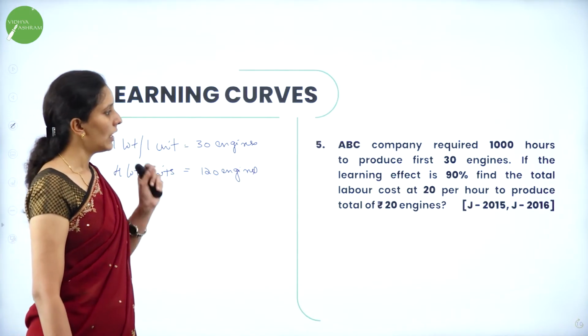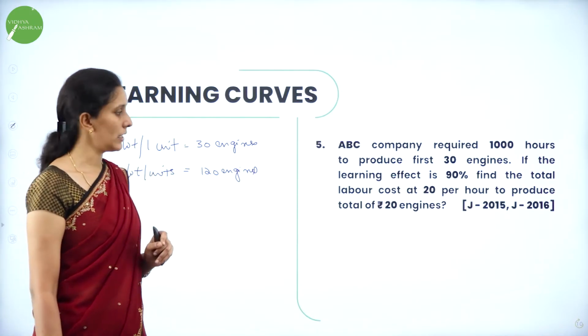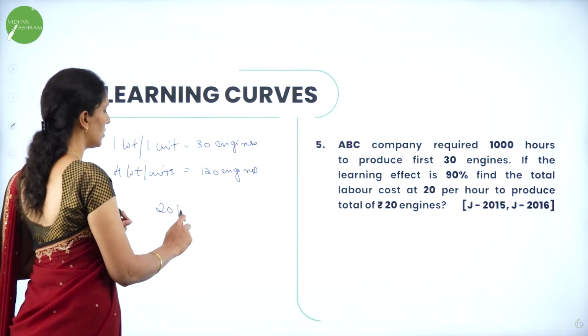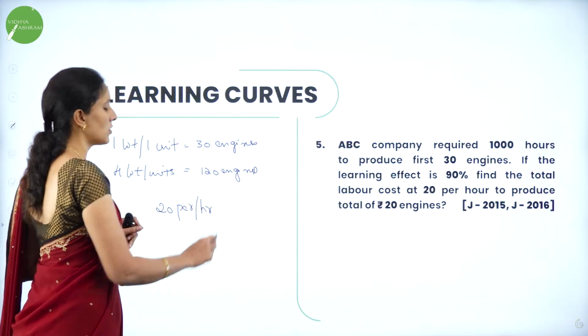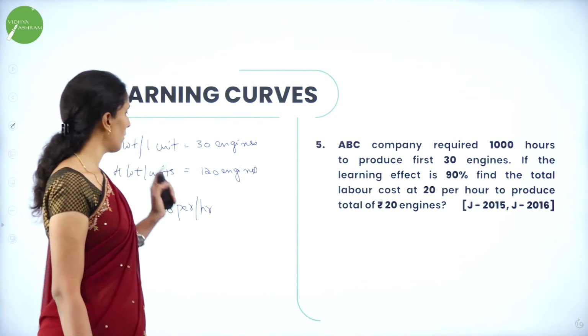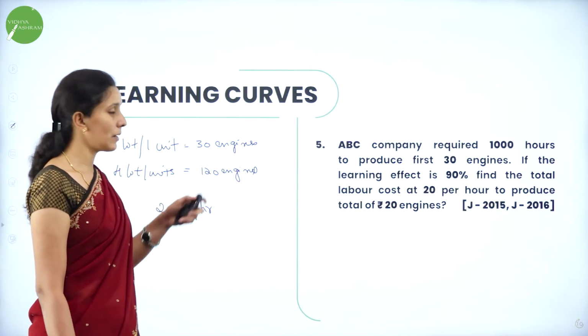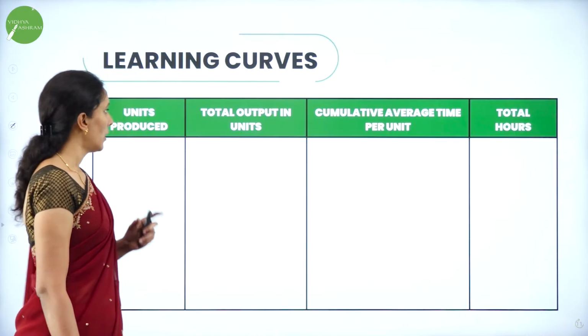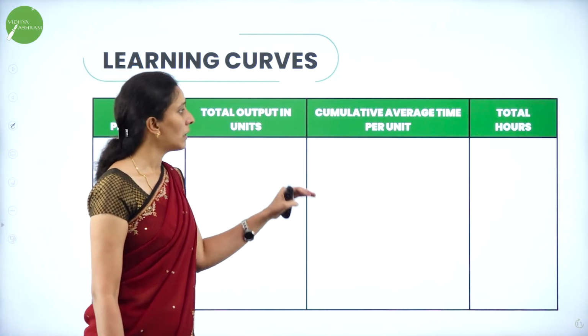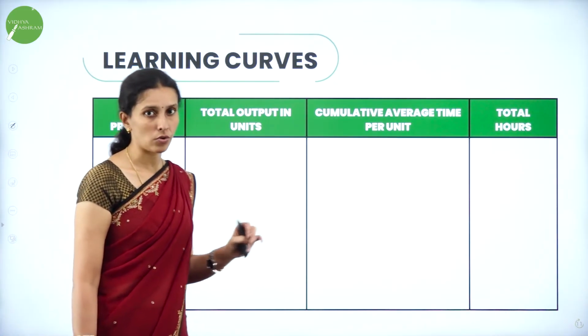So, we know the learning effect is 90% and the cost is 20 per hour. First let us calculate the average labor hours for producing 4 lots or units, that is nothing but 120 engines. Now here are the units produced, total output in units, cumulative average time per unit, total hours.